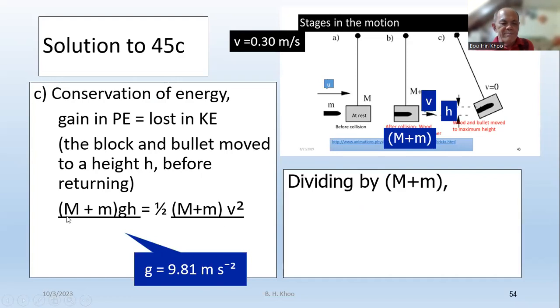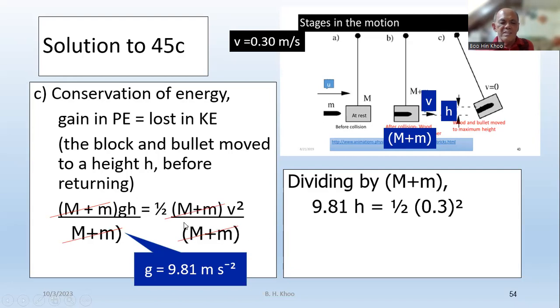So dividing by m plus m, cancel that off, cross multiply. We get half times the speed of the bullet, v, 0.3. Calculate using a calculator, you get 4.59 millimeter.